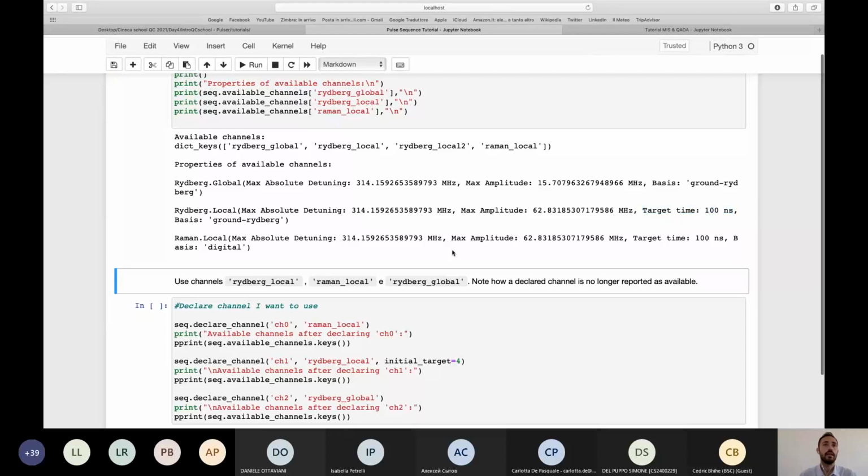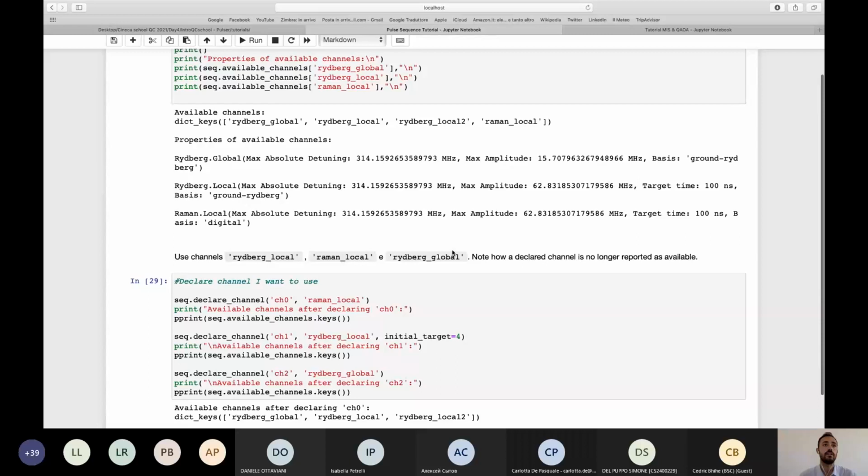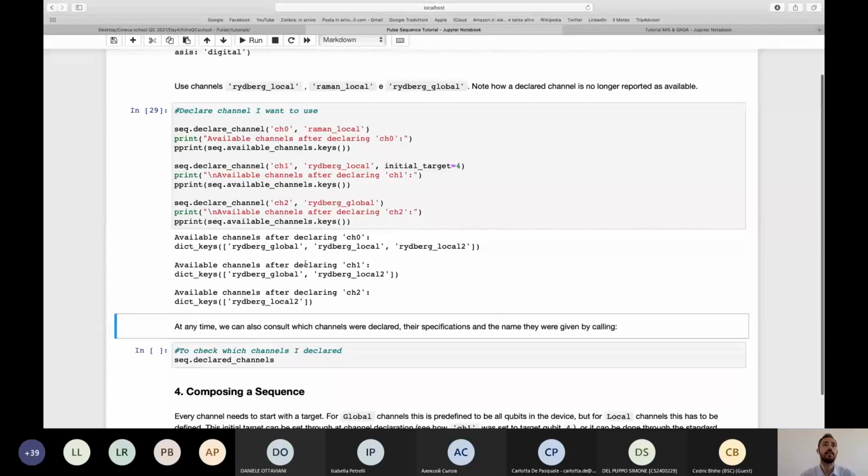So again, you can declare the channels that you want to use. The available channels are all 3 at the beginning.